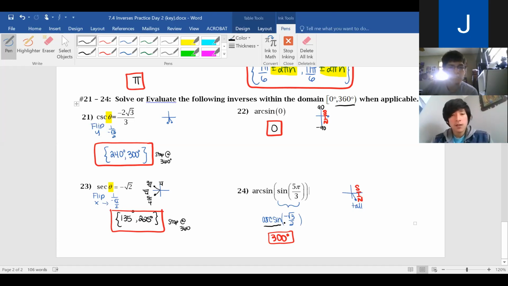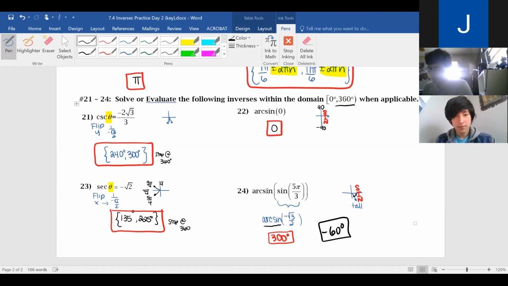A better answer would have been negative 60, because you're going back this way, versus 300. So negative 60.